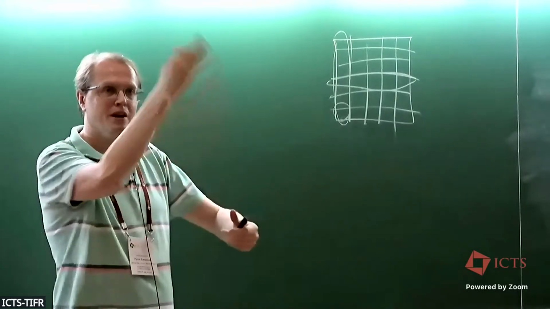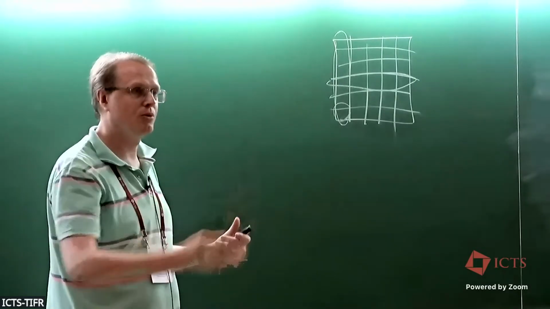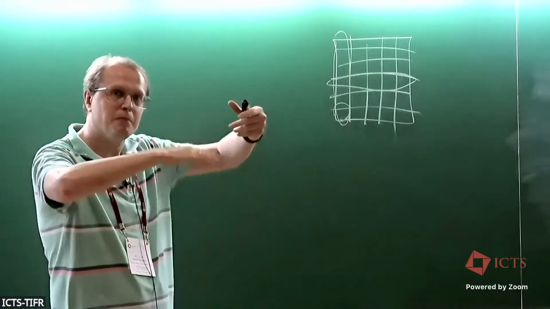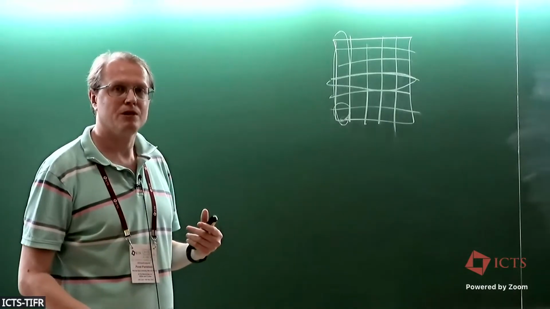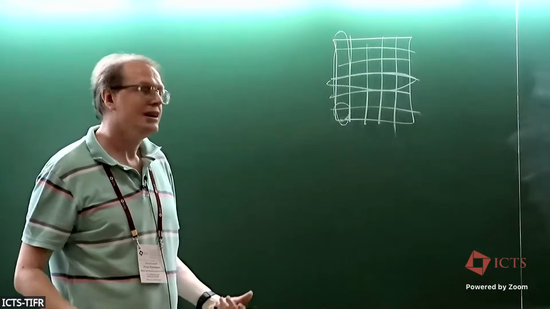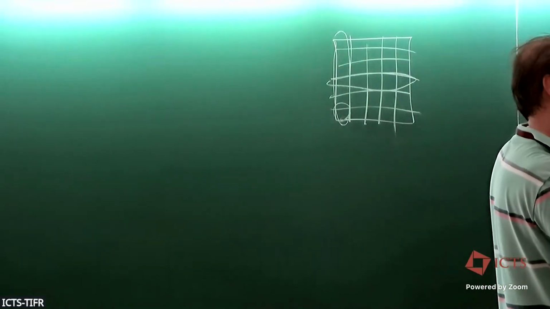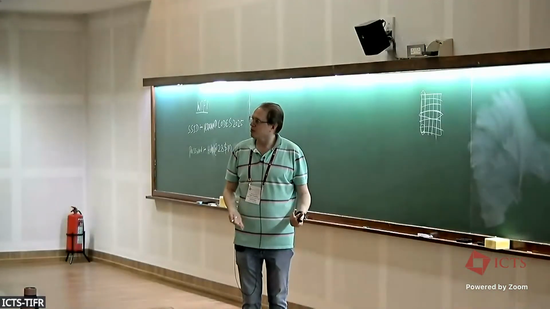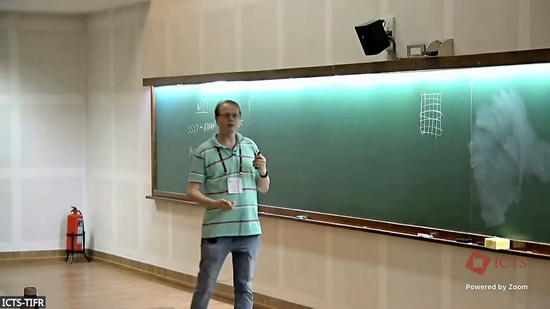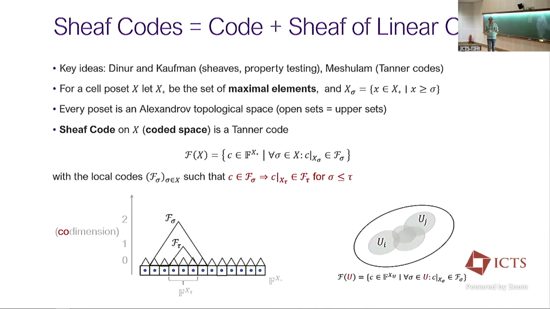When we have a multi-dimensional version of tensor product codes, we have many different levels of locality. And in order to describe it, it is interesting to consider it as a code defined on some simplicial complex. And it turns out that tensor product codes are sheaf codes defined on complete multipartite simplicial complexes.